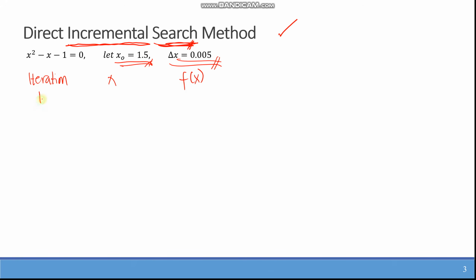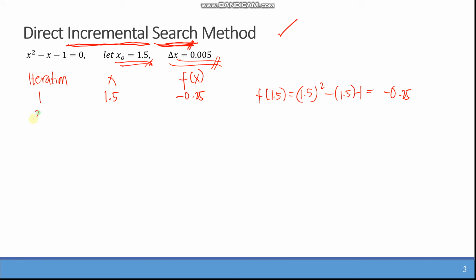For our first iteration, the first x is 1.5. We just substitute the value of 1.5 to the given equation. So f of 1.5 is equal to 1.5 squared minus 1.5 minus 1, and this is equal to negative 0.25.